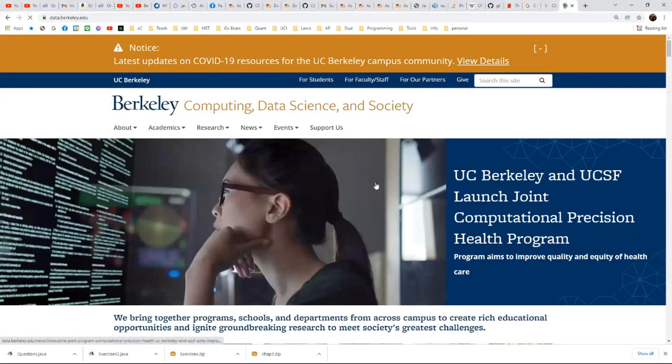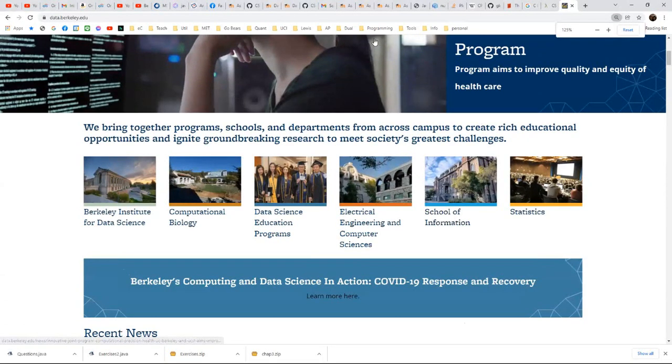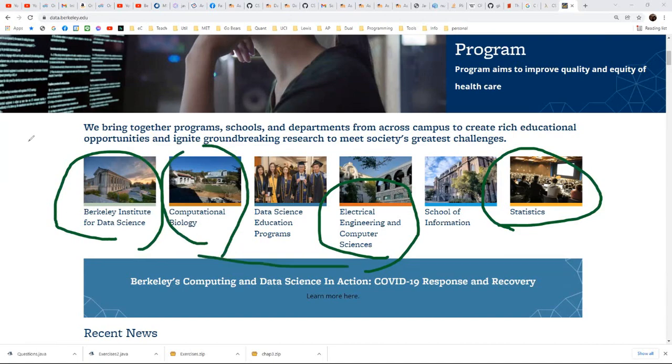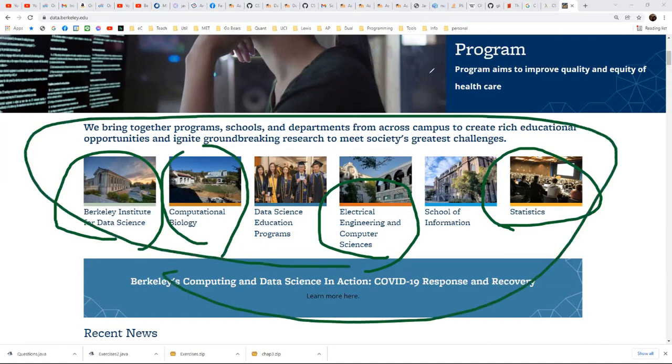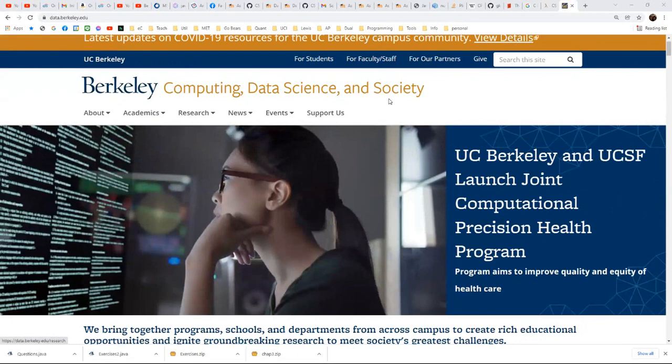They group their top programs, electrical engineering and computer science, the stats department, data science, computational biology, into a new program called computing, data science, and society.